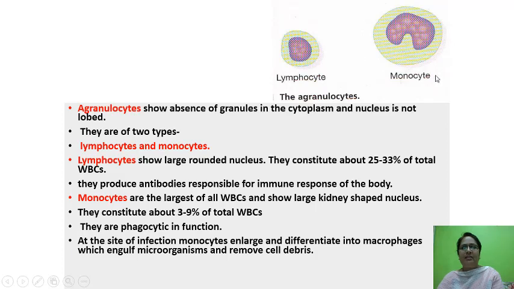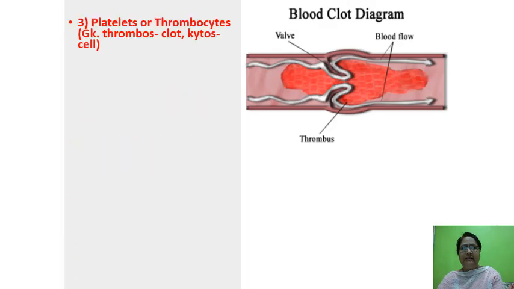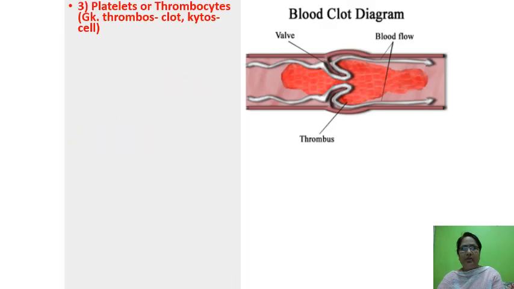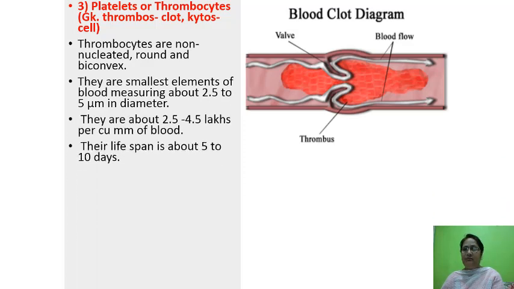Then lastly we shall see blood clotting. That is the third type of blood cells, platelets or thrombocytes. Thrombos means clot and cytos means cell. Now this is a diagram which shows how the blood clot is formed.